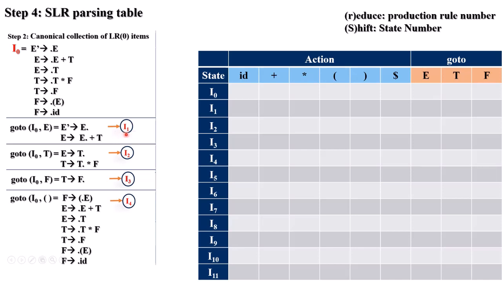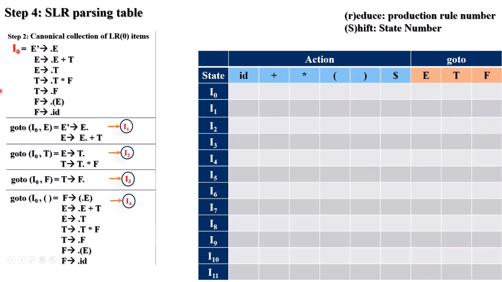In the action table, if there is I1, we have to write S1. Shift operation we have to perform here in action. And in goto we simply write the number 1, 2, 3, 4. In terminal columns we have to write shift, meaning S1, S2, S3, but in goto we only have to write the state number 1, 2, 3, 4.